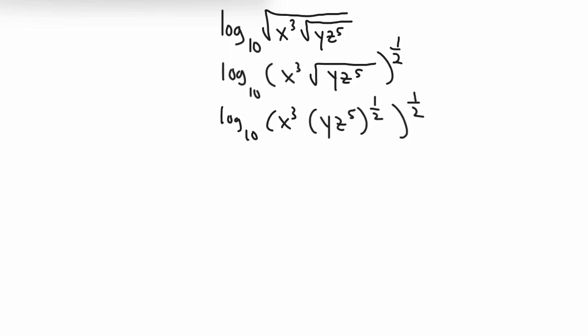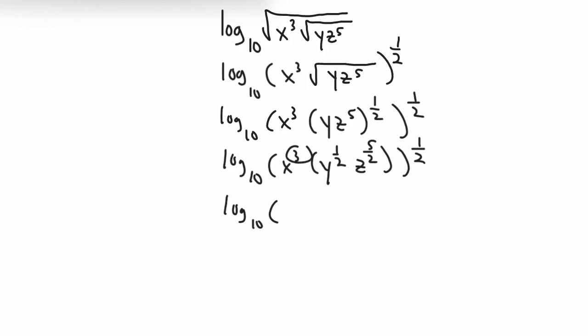The next step would be to multiply the exponent through. So you're going to have 1/2 times 1, which is y to the 1/2. 1/2 times 5 is z to the 5/2. And we have this outer 1/2, so we're going to multiply that through as well.